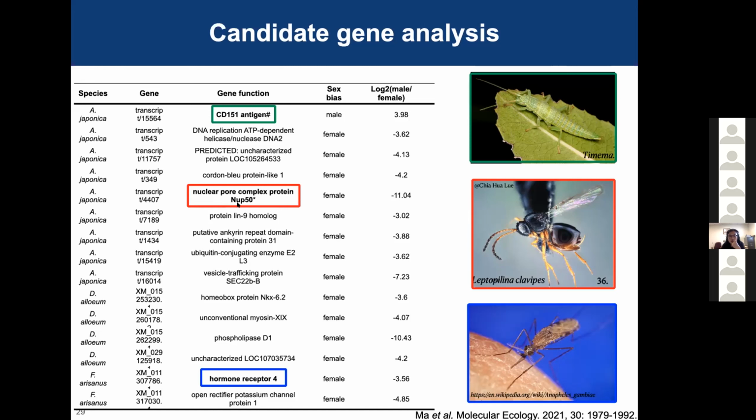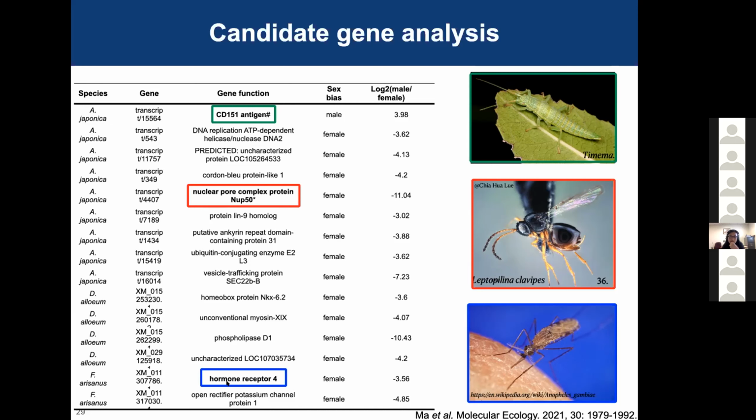Another gene is NUP50, which is involved in mRNA transport. This gene actually has been found to accumulate deleterious mutations in the asexual genome when comparing sexual and asexual genomes, to see what genes accumulate deleterious mutations in this Leptopilina clavipes parasitoid wasp.